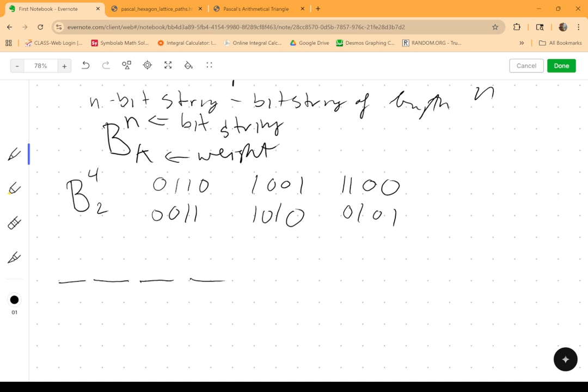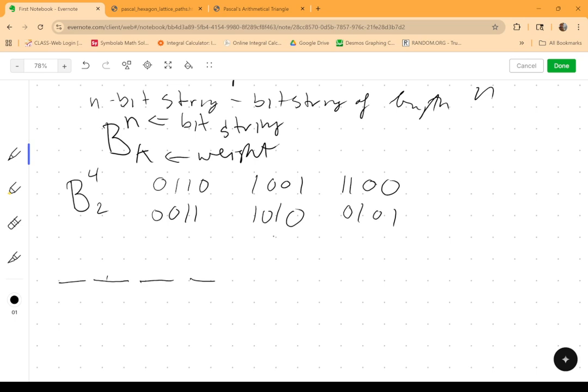I can choose them like I did here and fill in the rest with 0. I can choose them to be on the bookends here, or here.